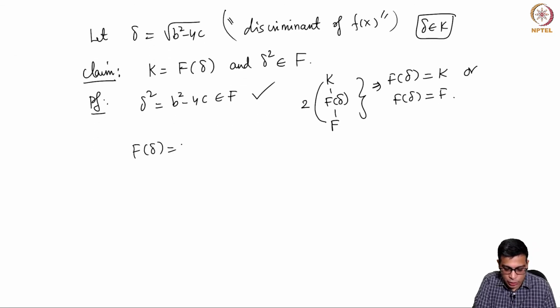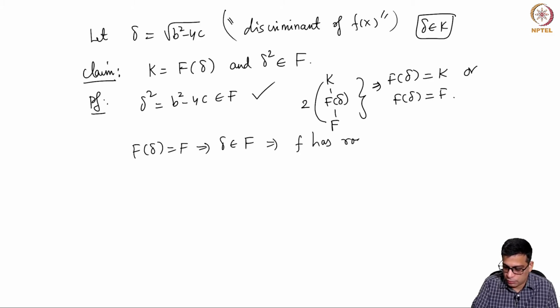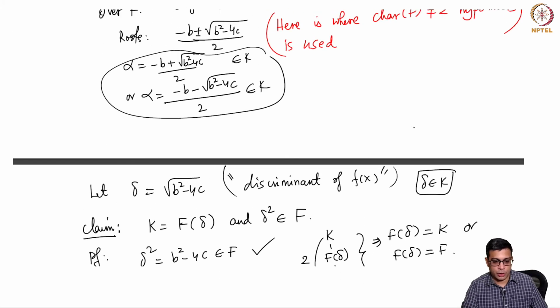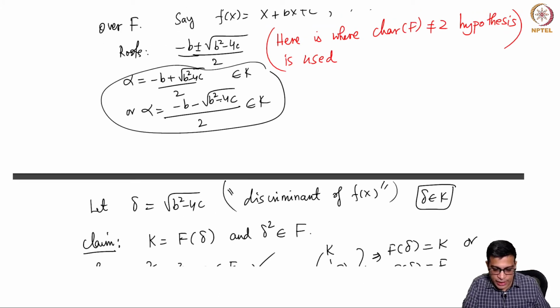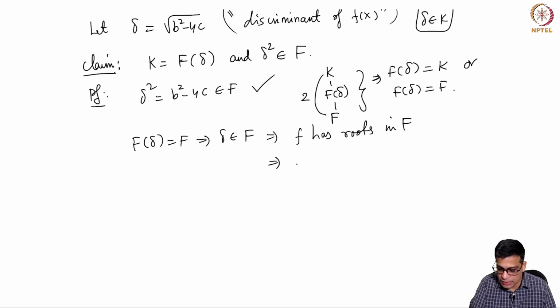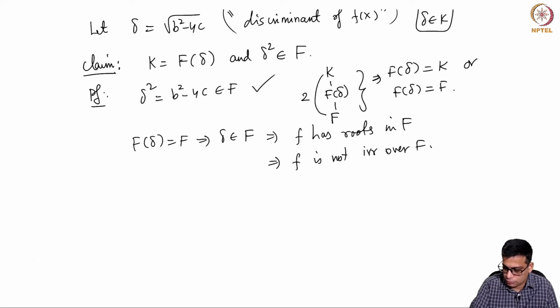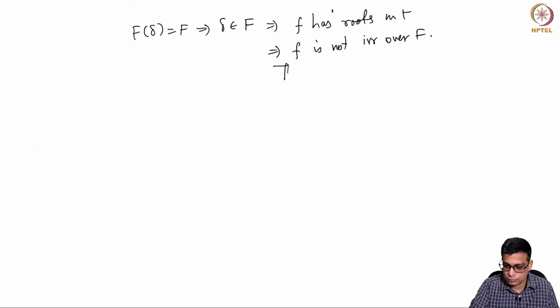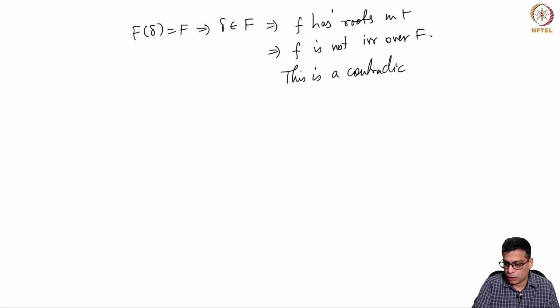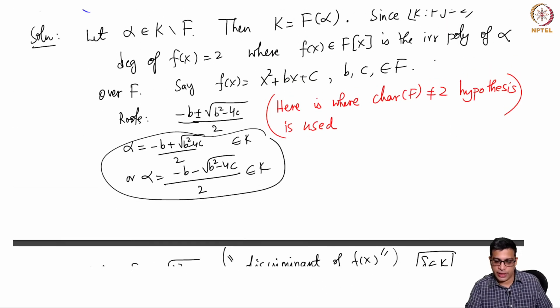If F(delta) is equal to F, this implies delta is in F, but that means f has roots in F, because if delta is in F, minus b is of course in F, so this whole term is in F. After dividing by 2, it's still in F. Similarly, this is in F. But this means f is not irreducible in F. So this is a contradiction, because f is the irreducible polynomial of alpha.